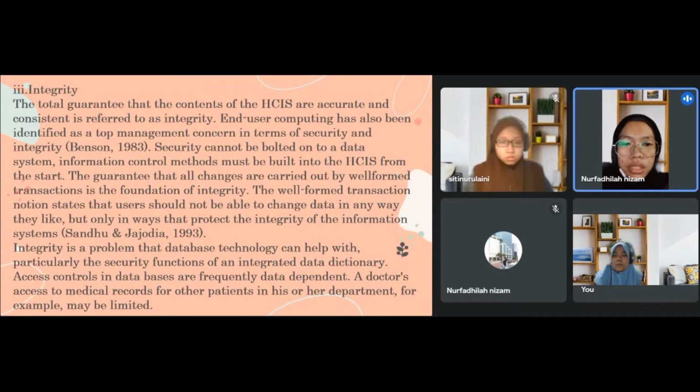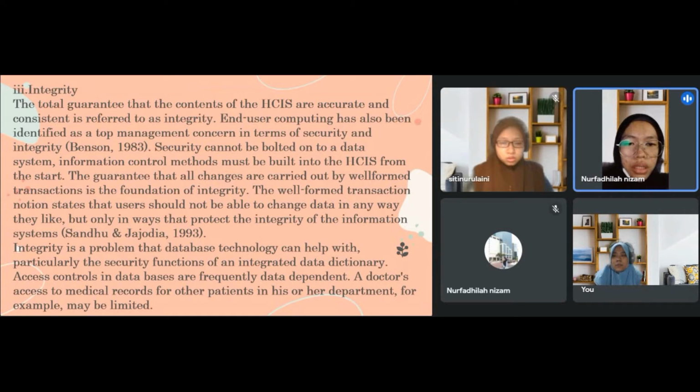The well-formed transaction principle states that users should not be able to change data in any way they like, but only in a way that protects the integrity of the information system, based on Sandhu and Jajodia in 1993.